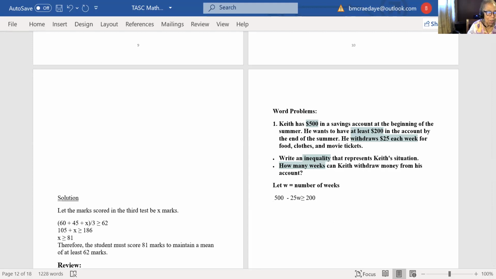So what would we do first? You subtract the 500 from both sides, right? All right, so let's just copy this and subtract the 500.